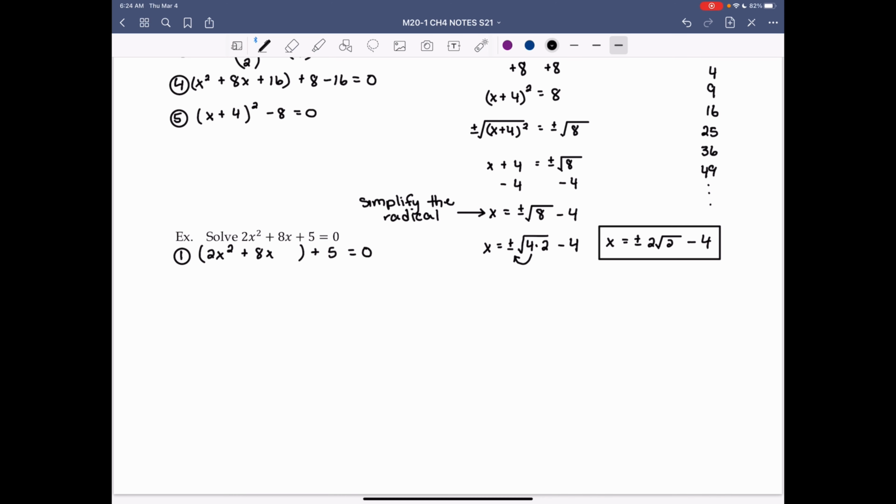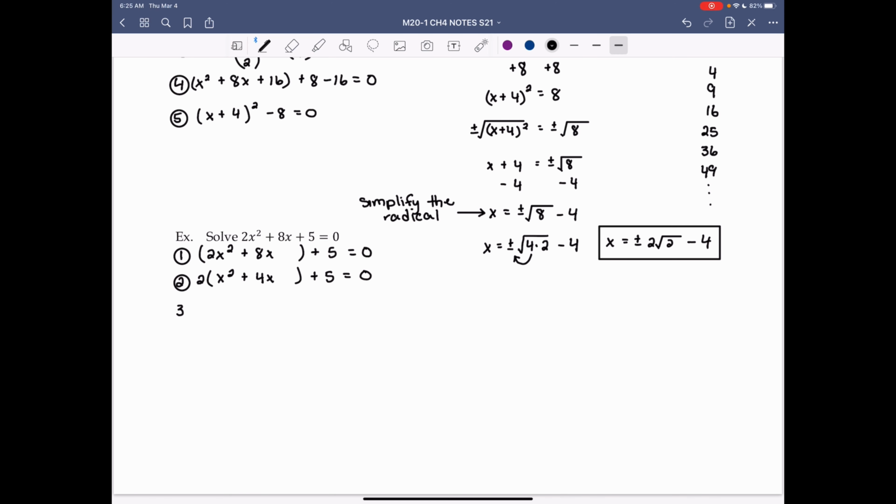Step 2, this time we do have a number in front of x squared, so we're going to factor that out of the brackets. 2 bracket x squared plus 8x divided by 2 is 4x. Leave a space, close the bracket, plus 5 equals 0.